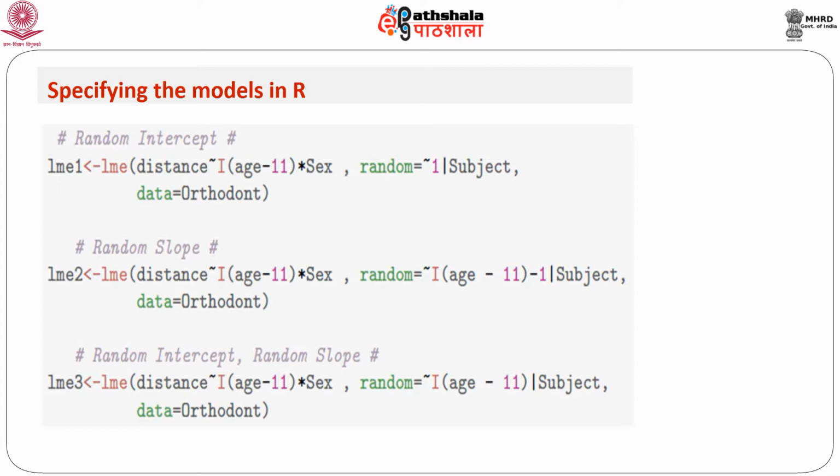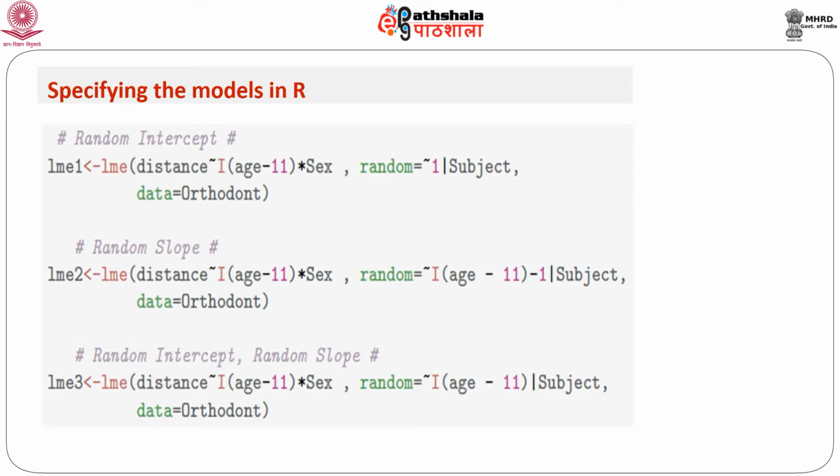What does that mean? That means we are fitting a fixed intercept, but this fixed intercept is one for males and one for females. At the same time, we are fitting 2 slopes, one for the females and one for the males.